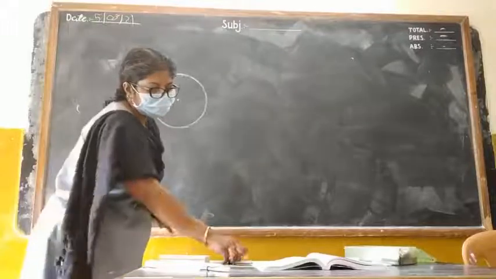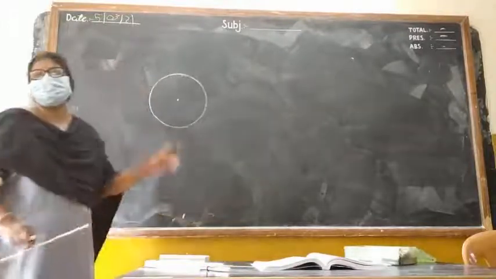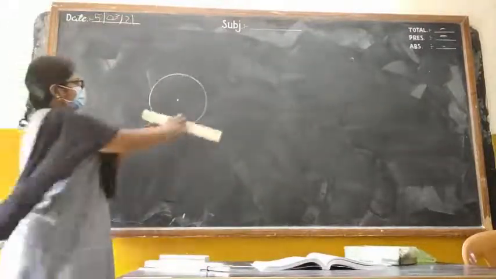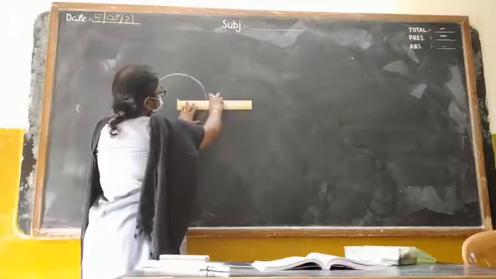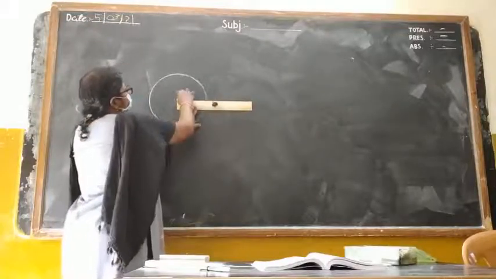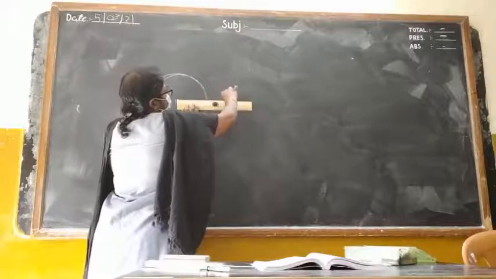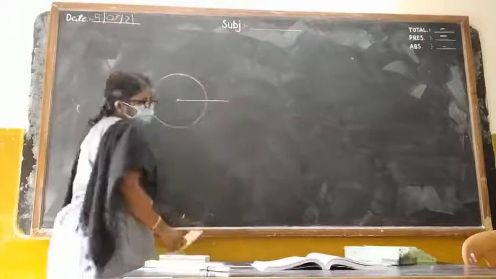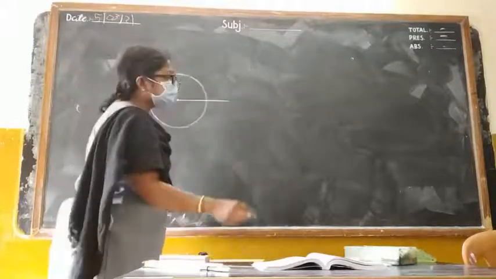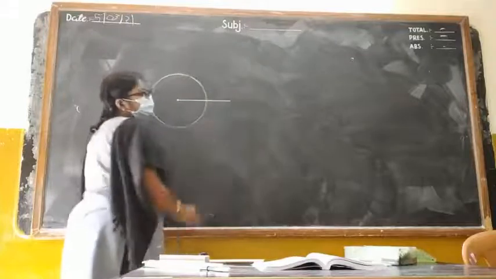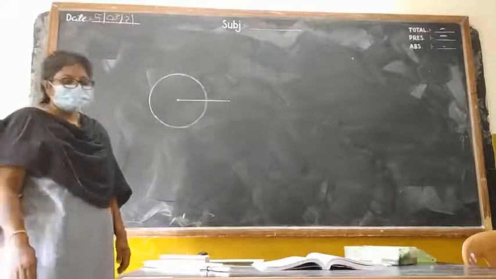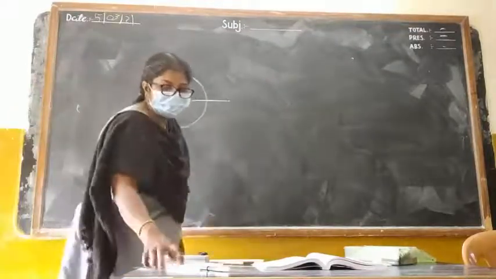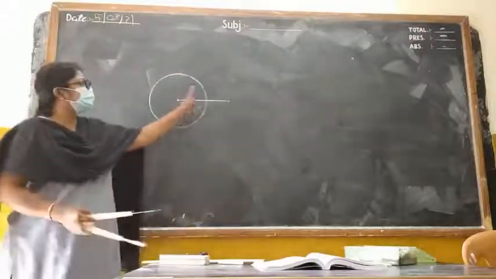Now, from the center, 10 centimeter away from that one. This is 10 centimeter from the center. From this point, you have to draw the tangent. Okay. So, first, draw the bisector of this one.